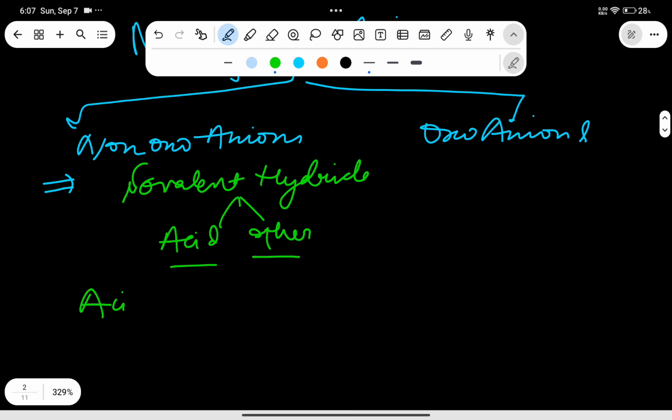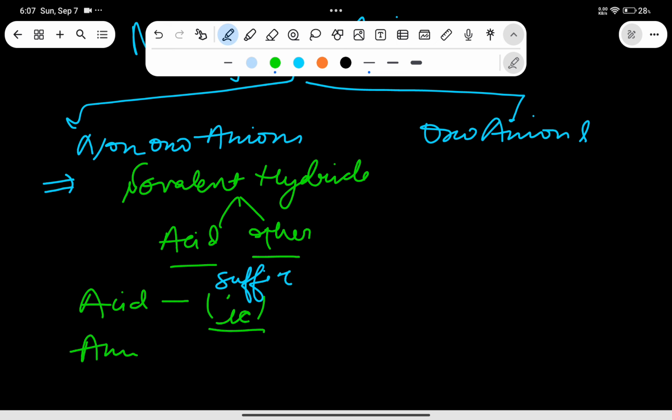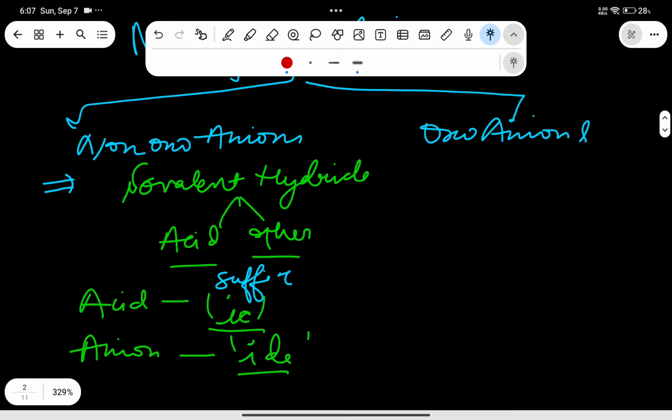For example, in case of an acid, the acid would end with the suffix ic, but for an anion, the anion would end with the suffix ide. So it should be clear that for an acid the suffix will be ic, and for an anion the suffix will be ide.